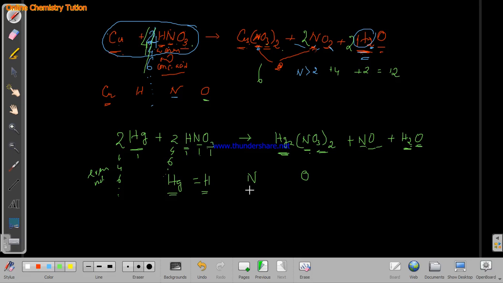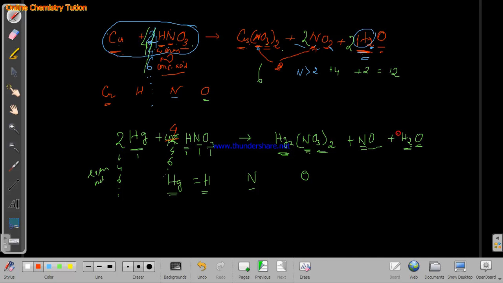Next we'll discuss nitrogen. What about nitrogen? Here nitrogen is 2, here nitrogen is 1 atom. So 3 nitrogen atoms are present. To bring it, it should be 3. You cannot bring it 3. What should you do? You bring it 4. So you make it 4. To make it 4, what should you do?